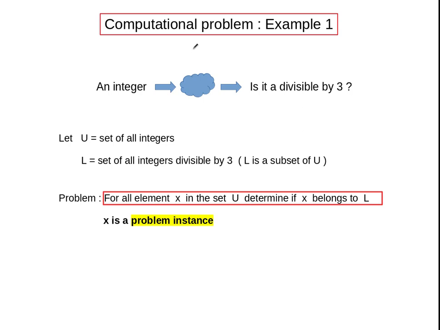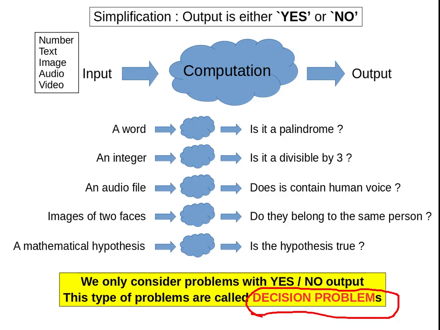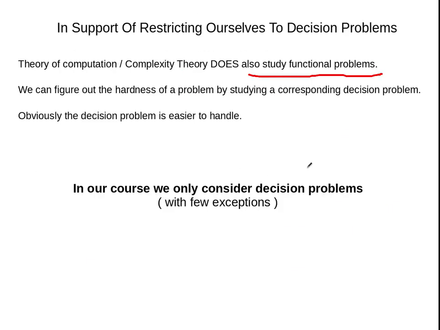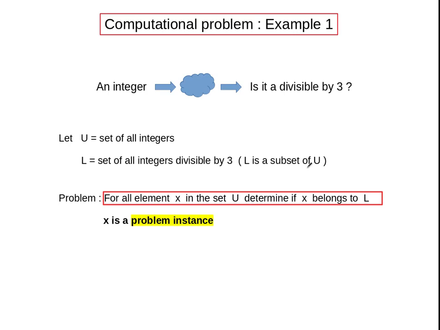Going back to the definition of a computational problem, now that we have reduced ourselves to only decision problems, we take all strings over some alphabet and decide whether a string belongs to some language or not. A decision problem can easily be viewed like this.